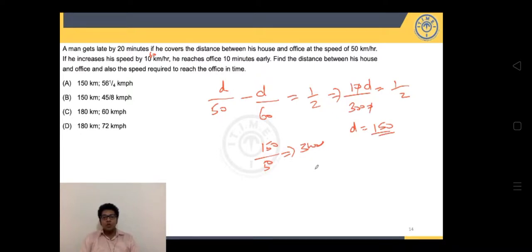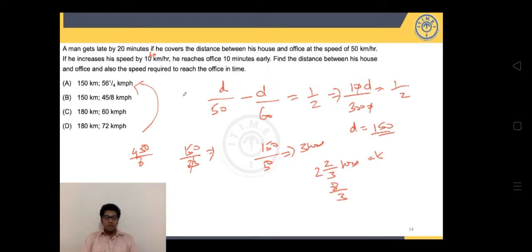So 2 hours 40 minutes is the correct time. What is 40 minutes? 2 by 3 hours should be the actual time which I should take to reach office, which is nothing but 8 by 3. Now I know the distance is 150 divided by 8 by 3 will be the speed, which is equivalent to 450 by 8, which is 56 1 by 4.